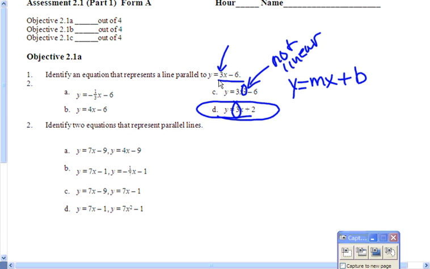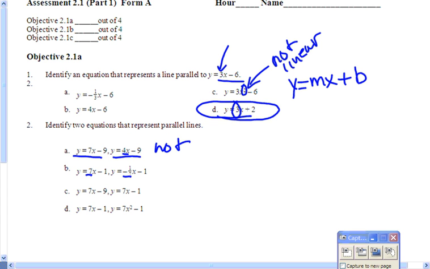Now in number 2 it says identify two equations that represent parallel lines. In other words, is this line parallel to that line? Since this says 7 times x minus 9, and this says 4 times x minus 9, those are not parallel. In this one, the slope of this line is 7, the slope of this line is negative 1, 7.